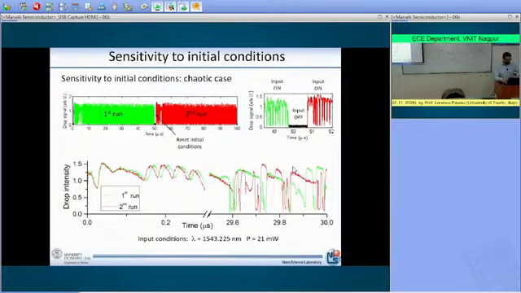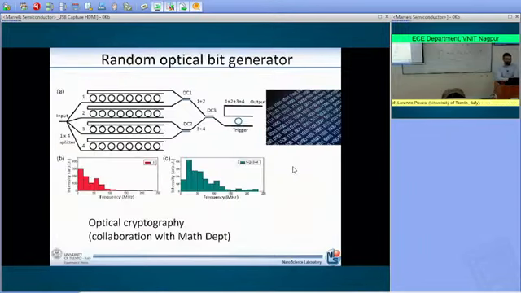What can we do with chaos? We can generate random numbers. Okay? And so in this case, you have a system that you can use in order to generate a random optical bit pattern. The kind of device that we have built was a sequence of parallel rings, and then with a single output.